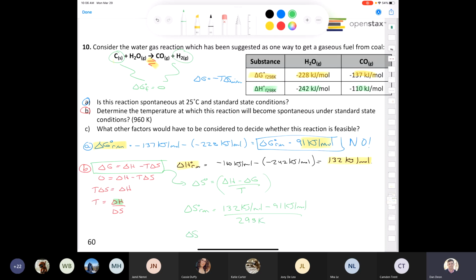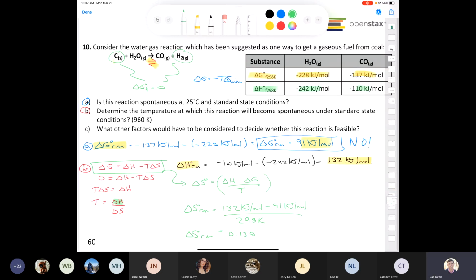Let me double check this. I'll get my calculator, and you can double check me on this. 91 divided by 298, you end up with 0.138.